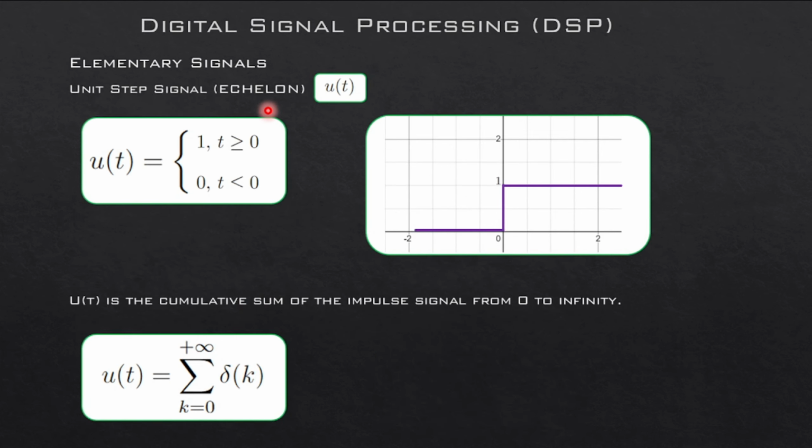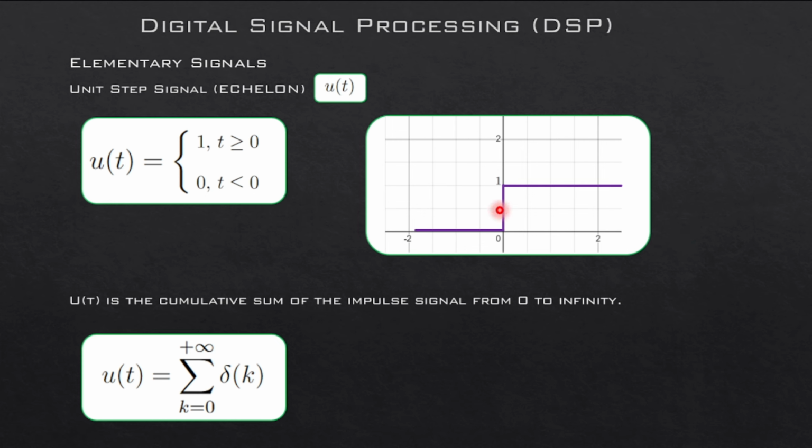Unit step, or echelon. So what is u t? Unit step u t is a signal that is 1 when t is greater than or equal to 0. So starting from t equal to 0 and to the right, for whatever t greater than 0, this signal is equal to 1, and 0 for t less than 0, as you see here. u t can be considered as the cumulative sum of the impulse signals from 0 to infinity.